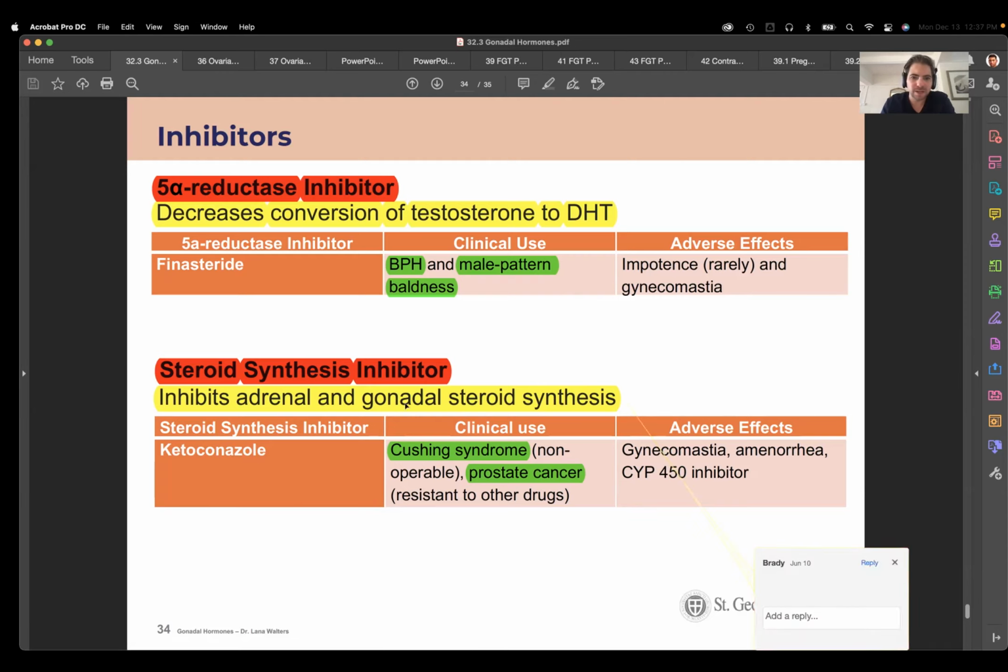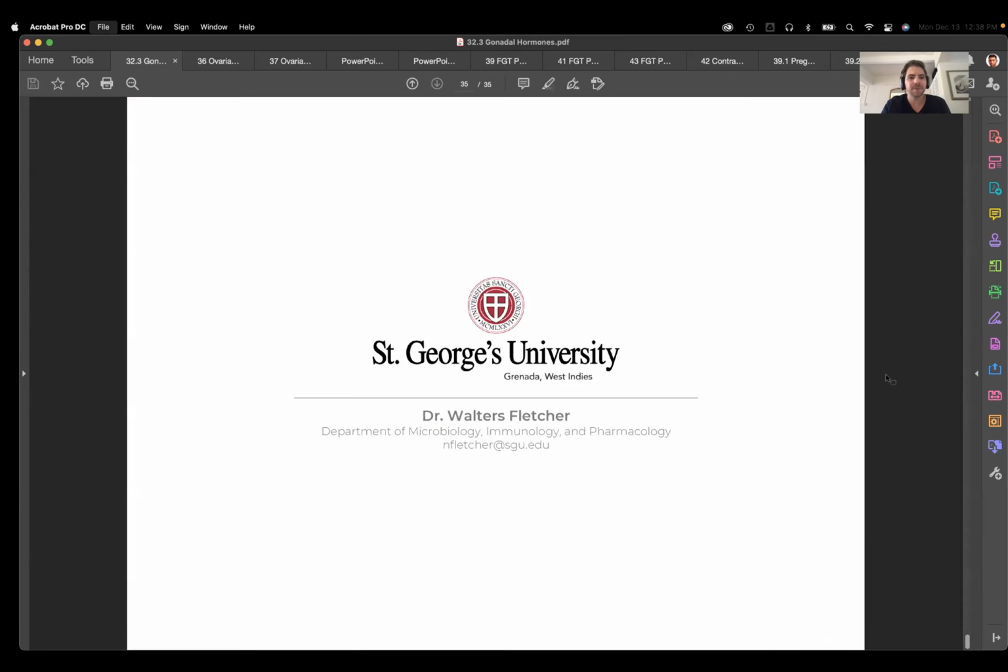So it inhibits adrenal and gonadal steroid synthesis. It's very high up in the pathway if you look at adrenal synthesis, so you're going to prevent conversion to aldosterone, cortisol, and the sex steroids. So there are consequences that come with that. All right, good.